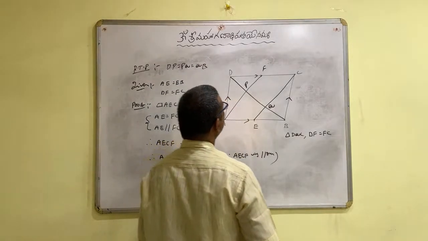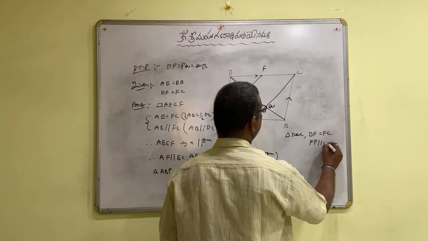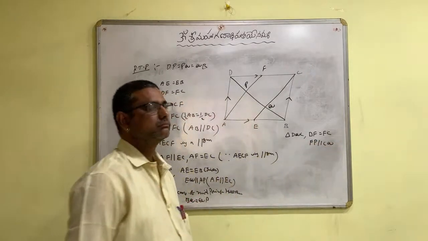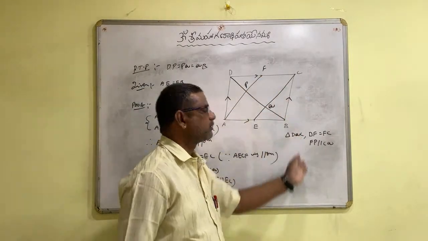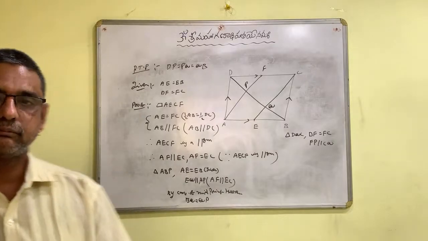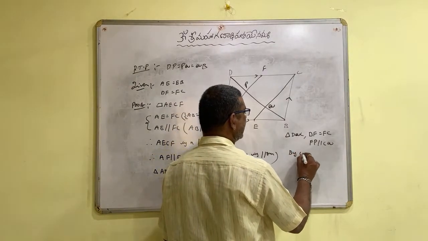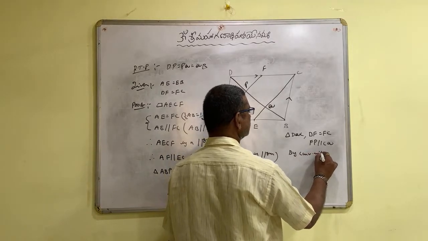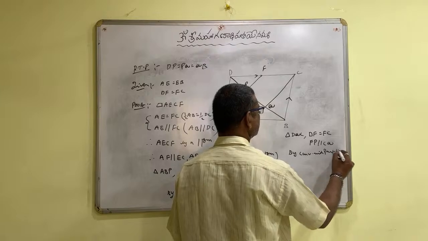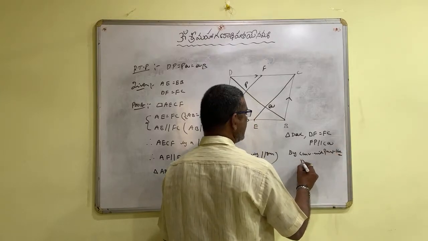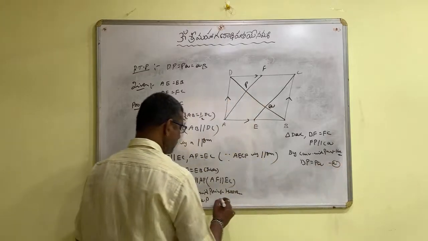Not only that, FP is parallel to CQ, because AF is parallel to EQ, the previous reason only. Now again, by converse of midpoint theorem, DP is equal to PQ. This is 2 and this is 1.